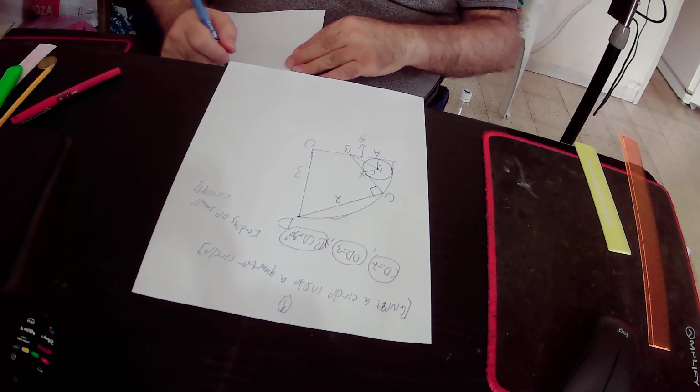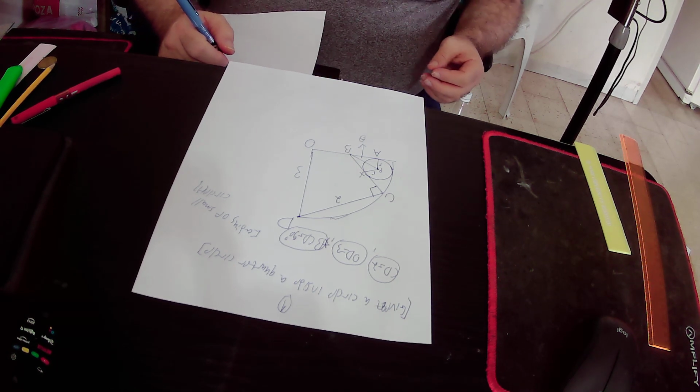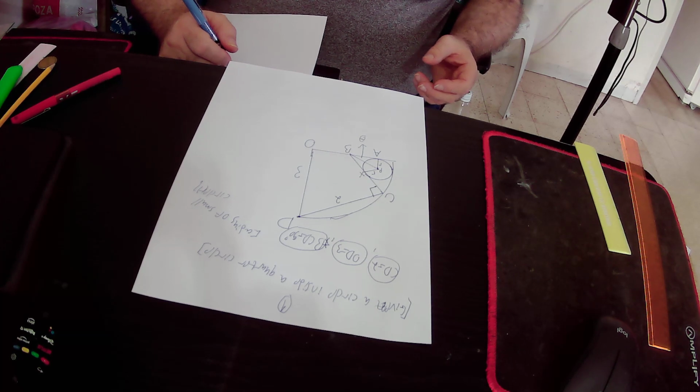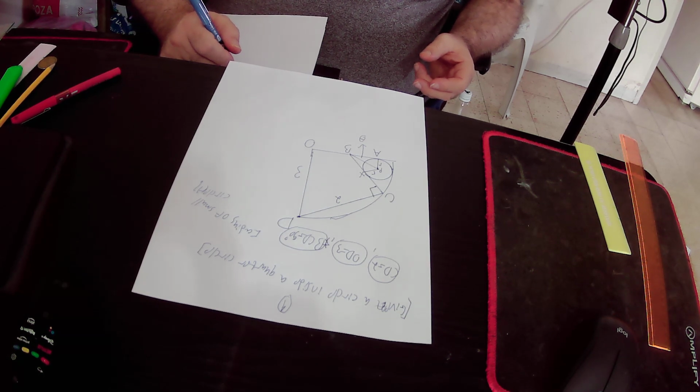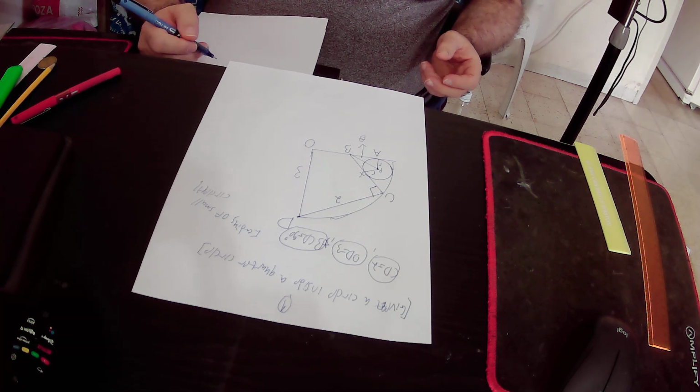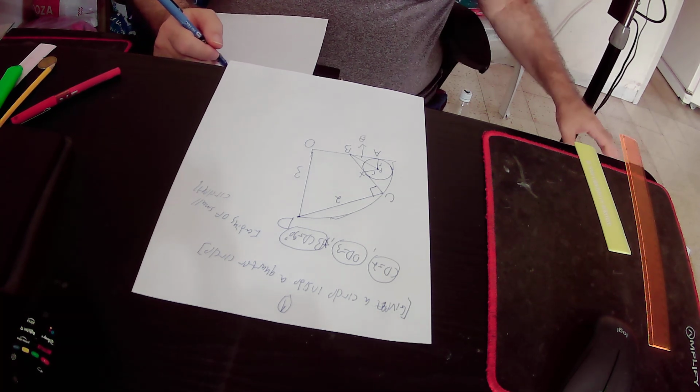Actually, the side rule states that if you prove that all three sides of one triangle are congruent to all three sides of the other triangle, then those two triangles are congruent to each other according to the side rule.